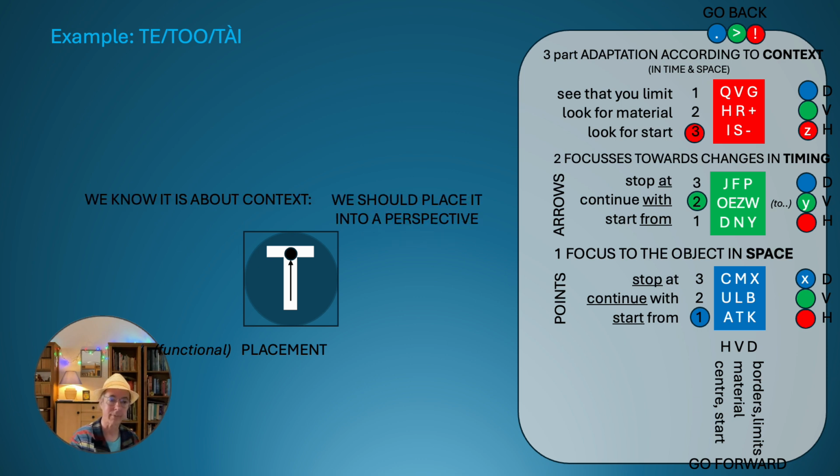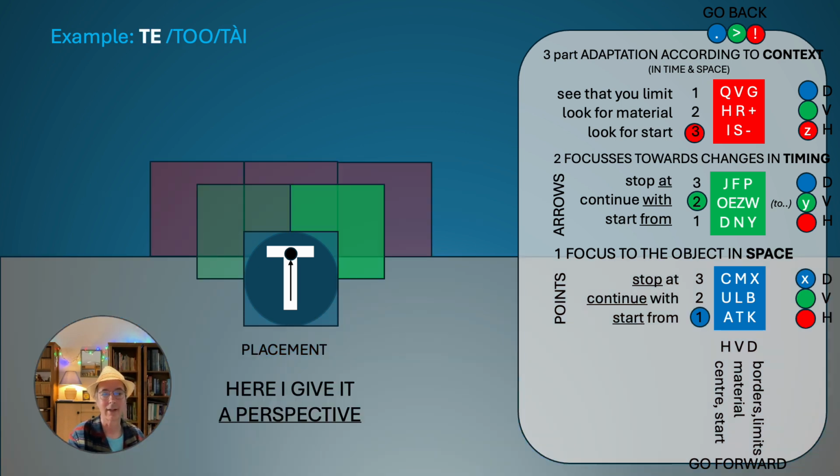But we know it is about context, so of course we should place it into the perspective of how do we focus upon context, how do we define context with the letter T, and that is of course, our context is the focus up in space and time.